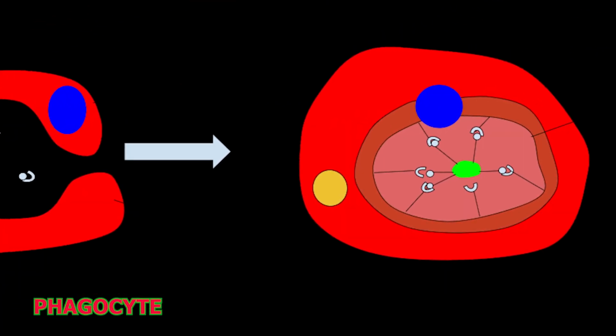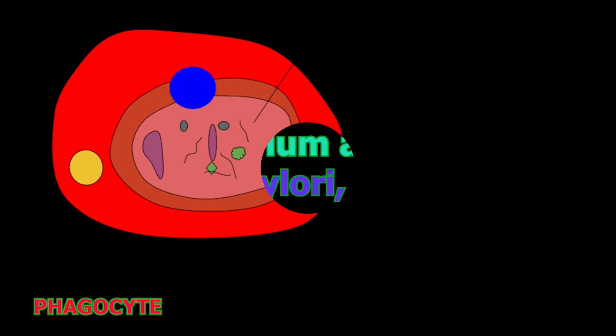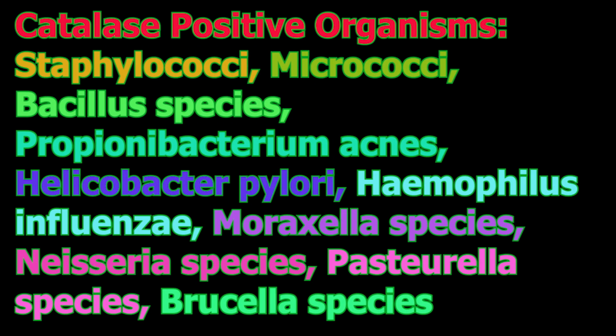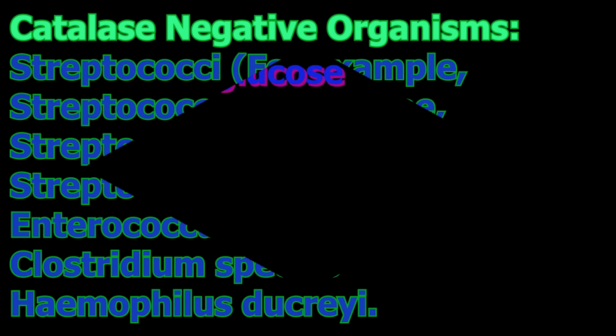Catalase is a very important enzyme in protecting some bacterial cells from oxidative damage by reactive oxygen species. Bacteria can be classified into catalase positive and catalase negative for identification.